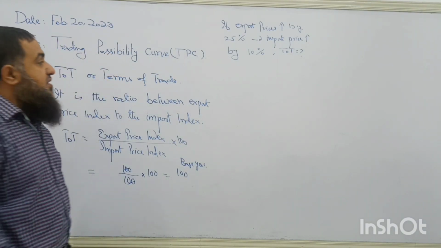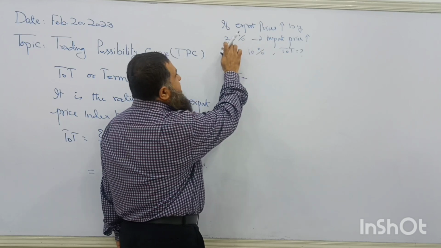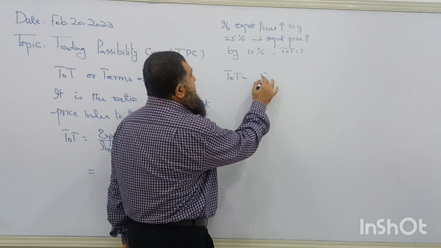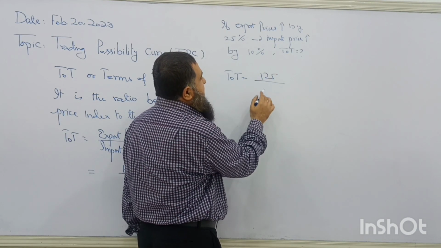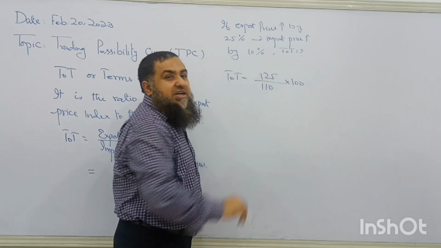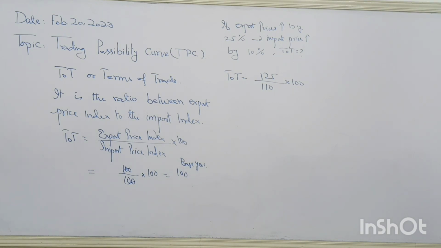Can we find it? Export prices have increased by 25%, so its index will be 125, and the import prices have increased by 10%, so it is 110. Now find its value. You will see it will be more than 100. Find it out.